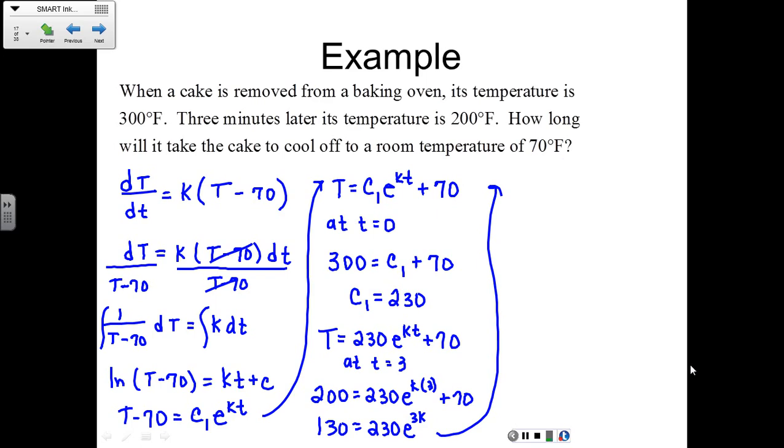Divide by 230 on both sides, I'd get 13 over 23 equal to e to the 3k. ln both sides. So 13 over 23, you want to ln that, and then divide by 3.